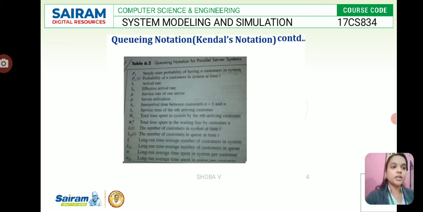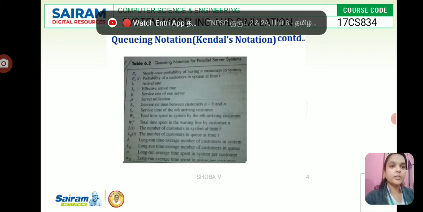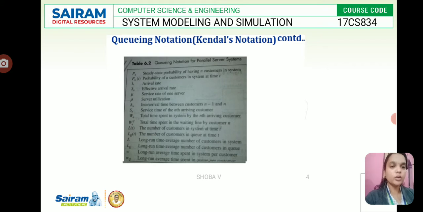Lambda is the arrival rate, and lambda effective is the effective arrival rate. The service rate of one server is mu, and server utilization is rho. A_n is the inter-arrival time between customers n-1 and n, S_n is the service time of the nth arriving customer, W_n is the total time spent in the system by the nth arriving customer, and W_Q is the time spent in the queue. So for the system we use W, and for the queue we use Q.